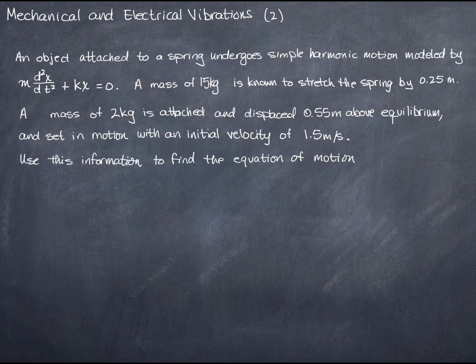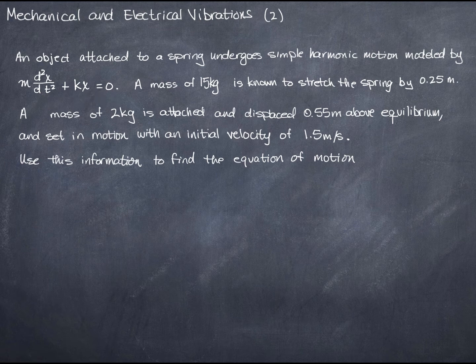All right, I think I'll start by just reading through this example so that we have laid the groundwork for what we're going to be looking for. An object attached to a spring undergoes simple harmonic motion modeled by mass times the second derivative of x with respect to t plus k times x equals 0.